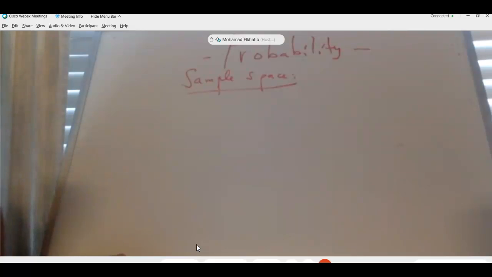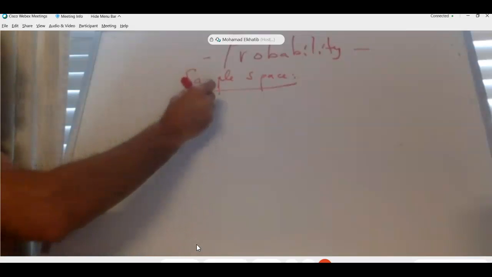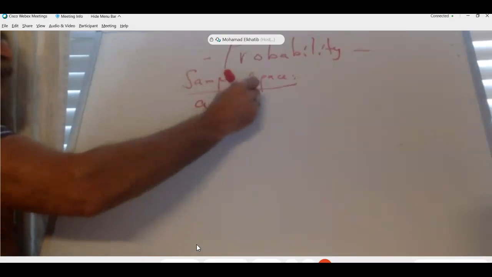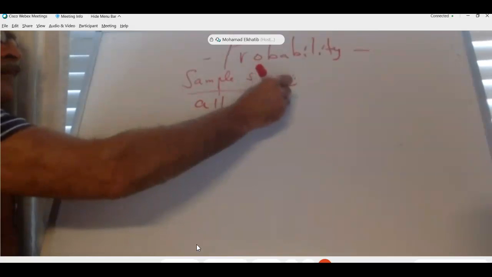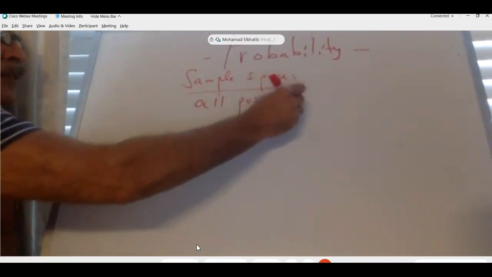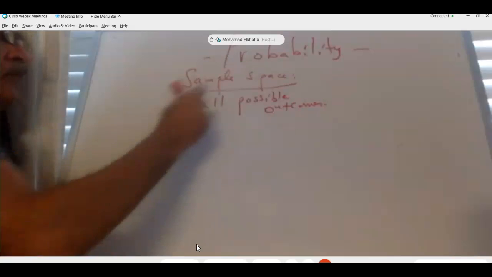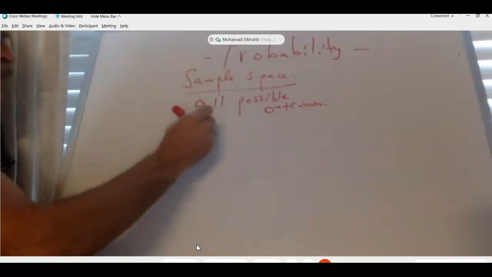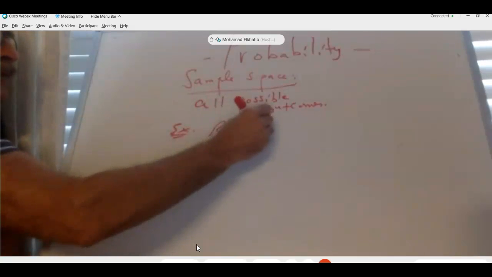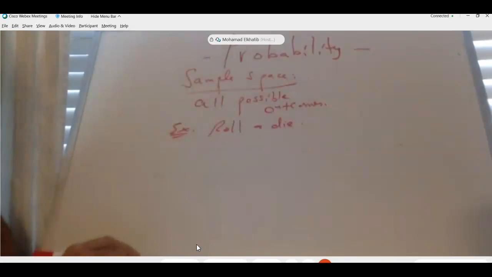All right. So what is sample space? Sample space means all possible outcomes. Every single thing you can think of. For example, let's say you roll a die. Does everybody know what a die is? Like the dice? Yes.